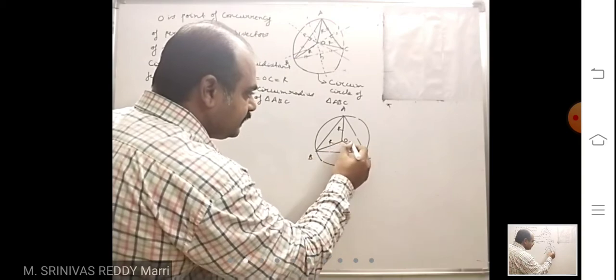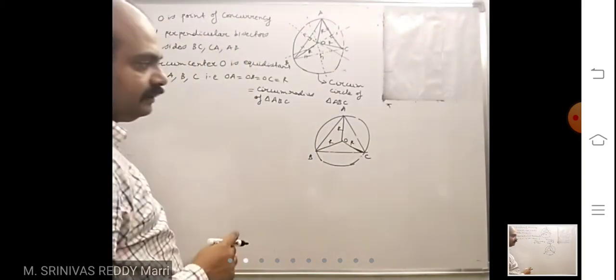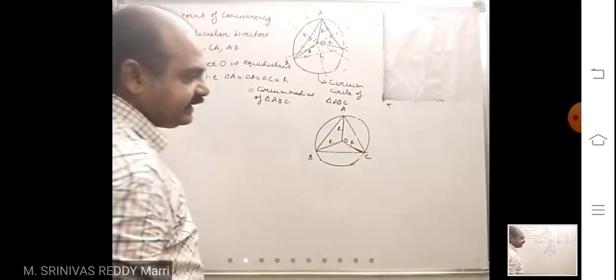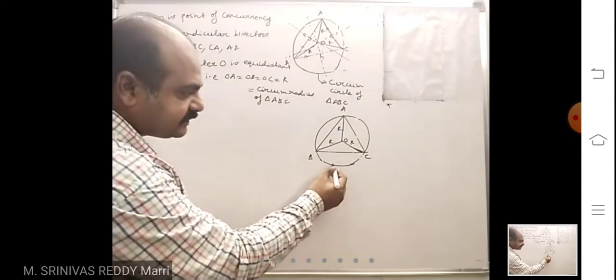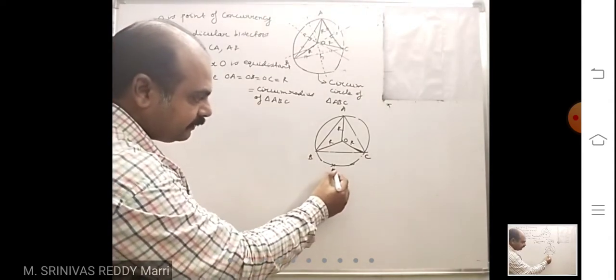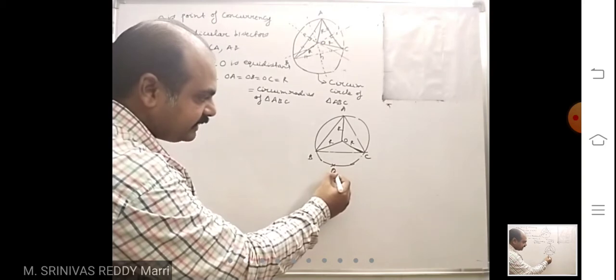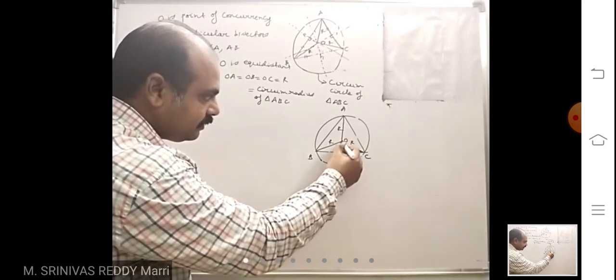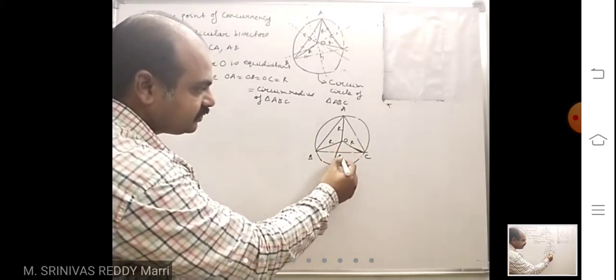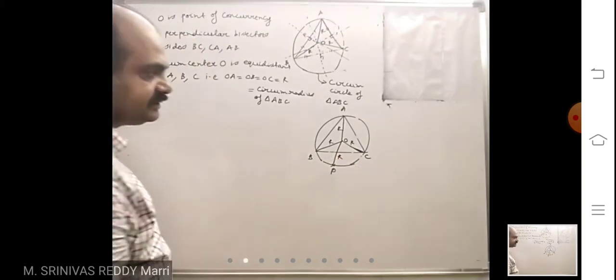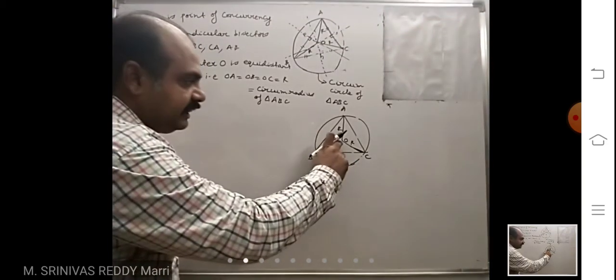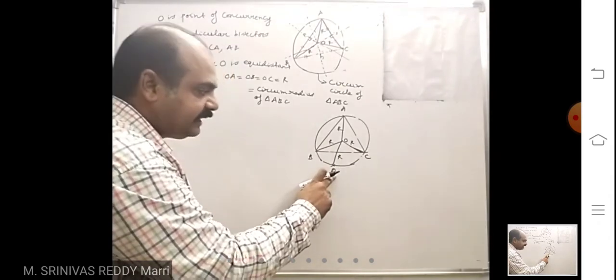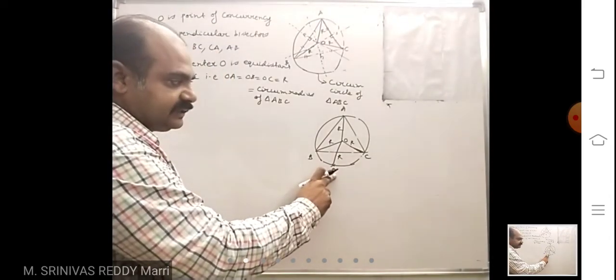This is nothing but capital R, right? From the center to any point on the circle, it is nothing but the radius. Suppose here you take any other point P. This is also a radius. From the center to any point, it is a radius, right?